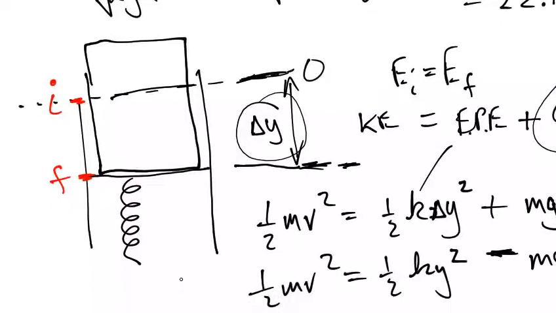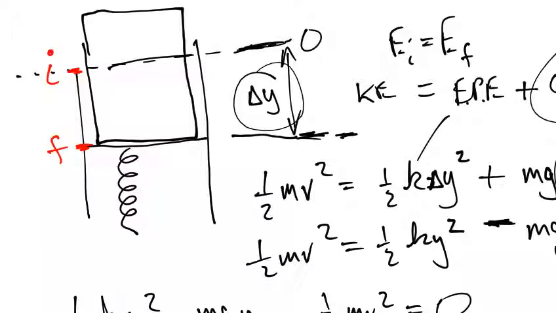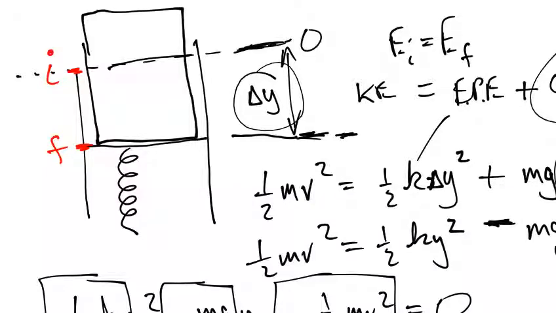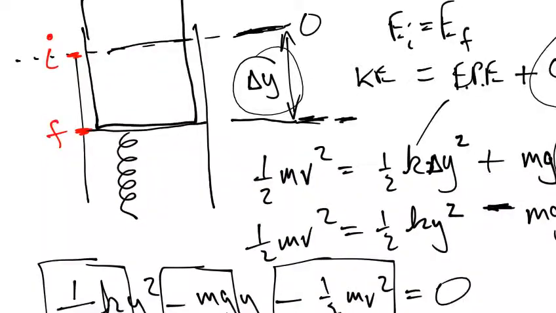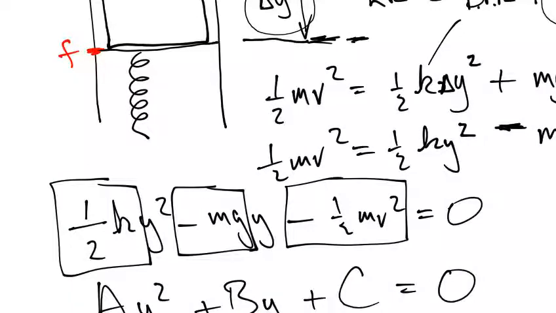Now, if you recognize this, this is a quadratic. What's a quadratic in the form of, right? A quadratic would be in the form of this. And so, in terms of A, that's A, that's B, and that's C. So, what are A, B, and C?